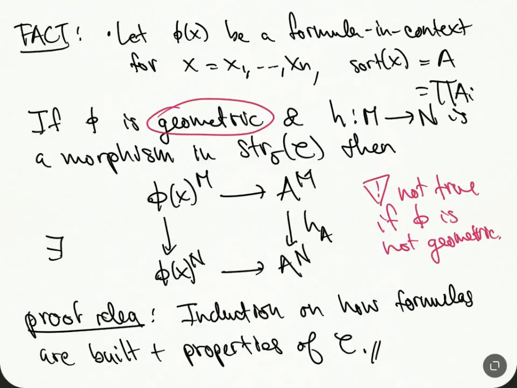That being said, because these don't always commute, we're going to create a new type of morphism between models.